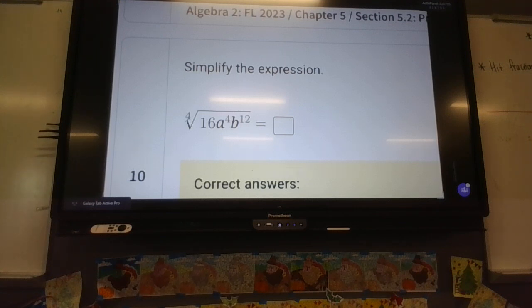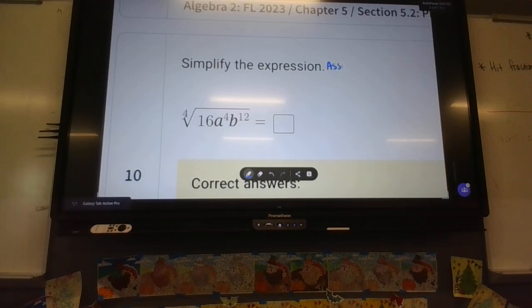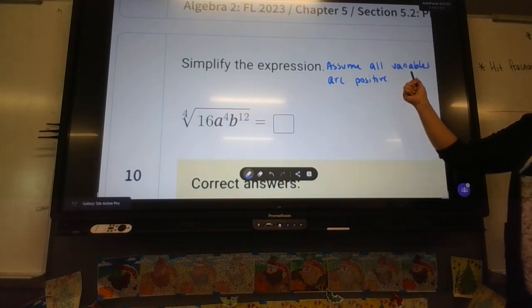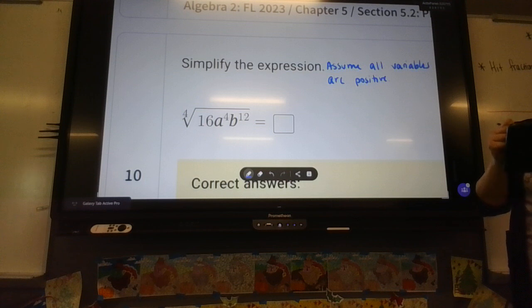The directions that say assume all variables are positive are the ones that I will be testing you with. It's like in the next couple of questions, you'll see this.